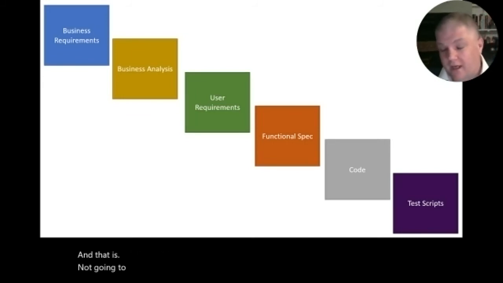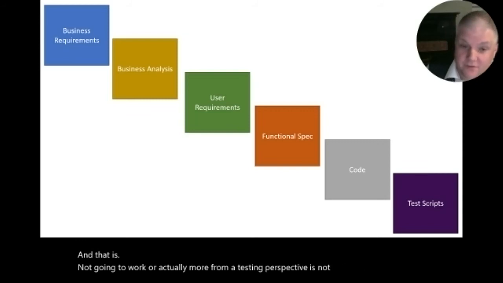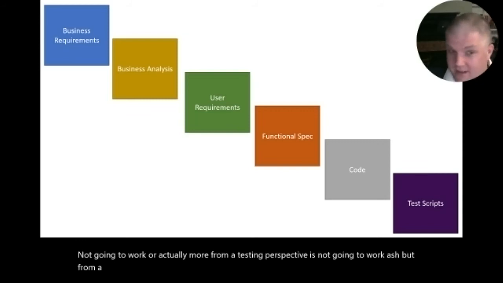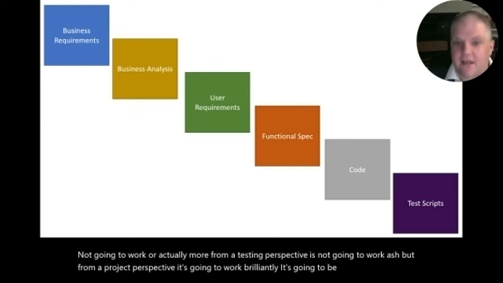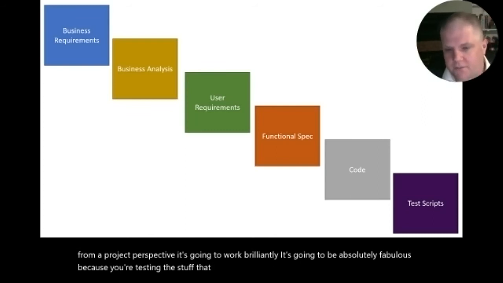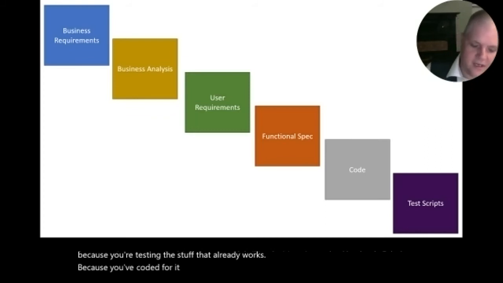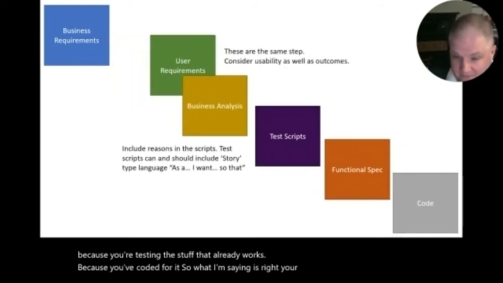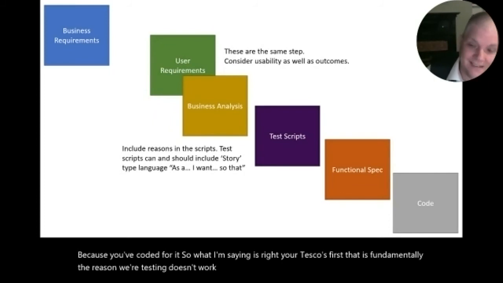Actually, from a project perspective, it's going to work brilliantly, because you are testing the stuff that you know already works because you've coded for it. So what I'm saying is write your test scripts first. That is fundamentally the reason why testing doesn't work. And by doesn't work I mean it doesn't deliver value to the project or to the business.